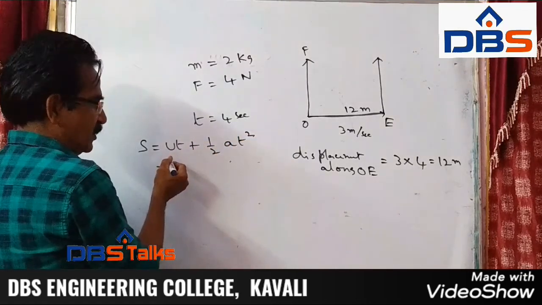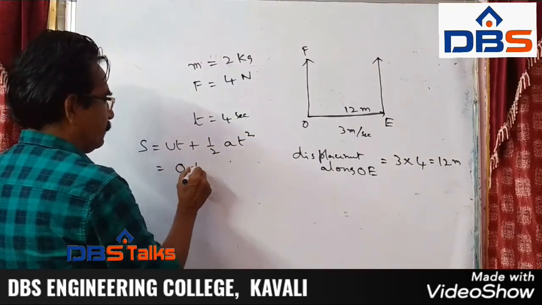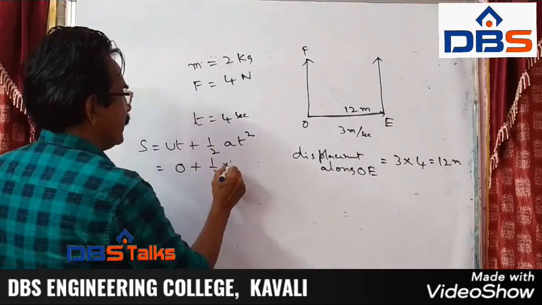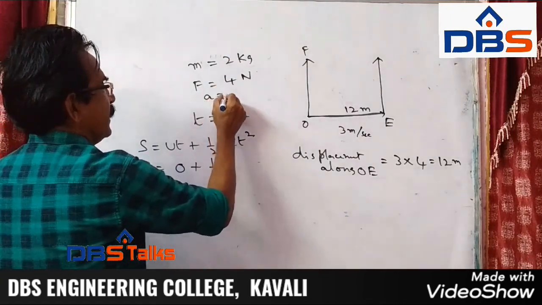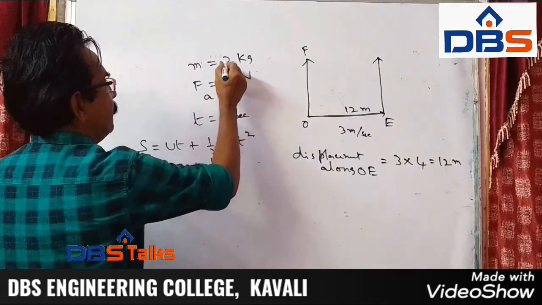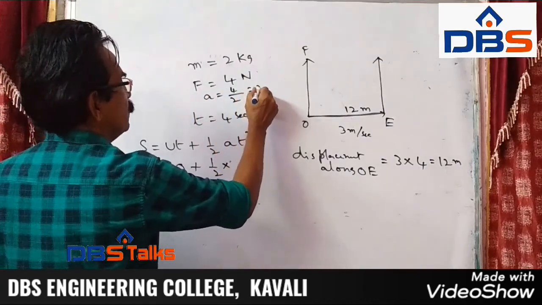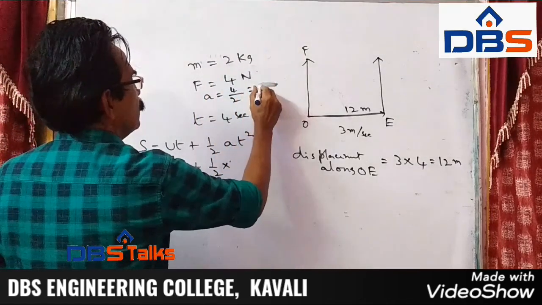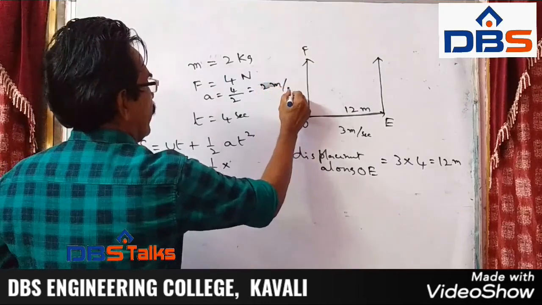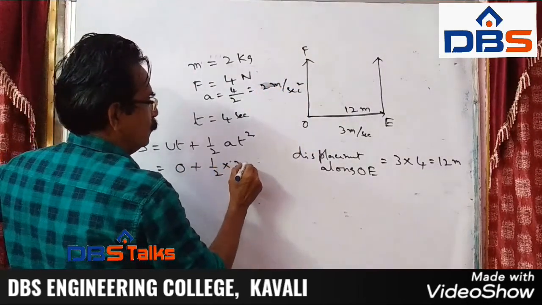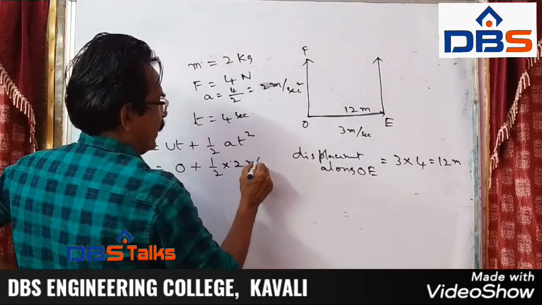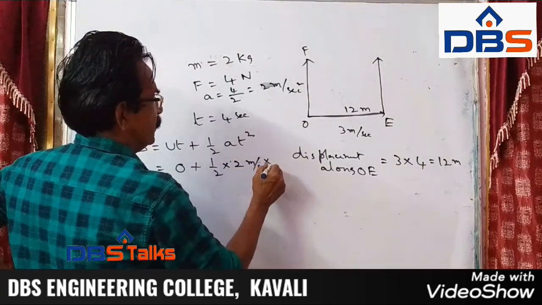Here initial velocity is 0, so this is 0 plus half into a. a is equal to F by M, that is equal to 2 meters per second squared.